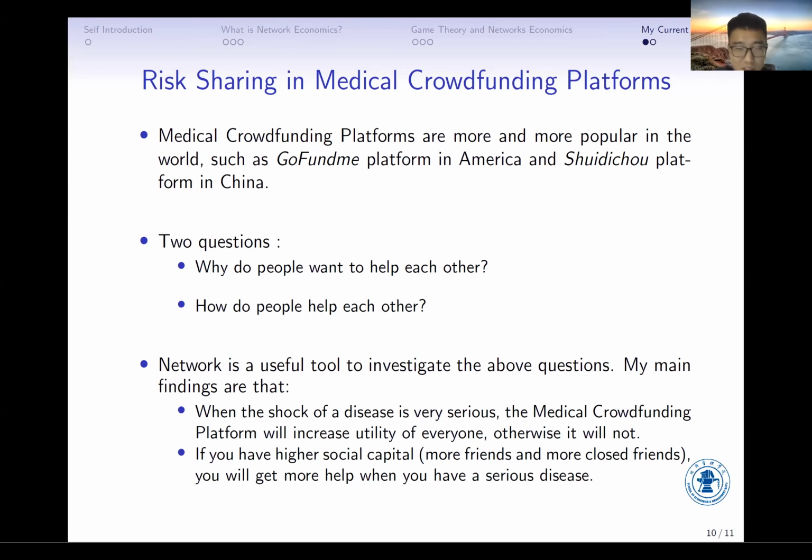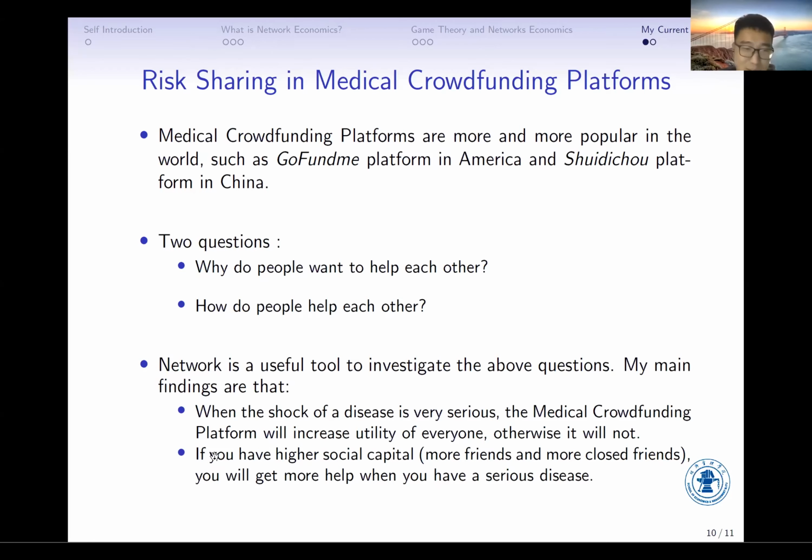I'll omit some technical details. And my main findings are that, my first finding is that when the shock of a disease is very serious, the medical crowdfunding platform will increase the utility of everyone. Otherwise, it will not.